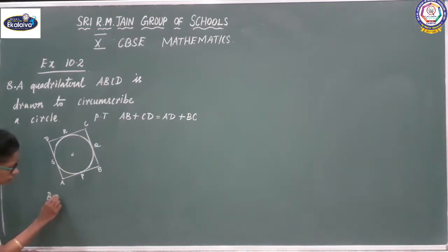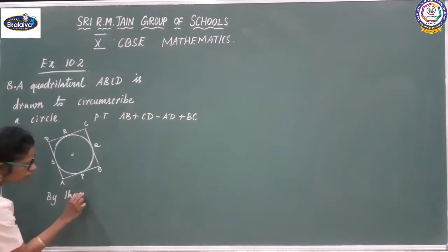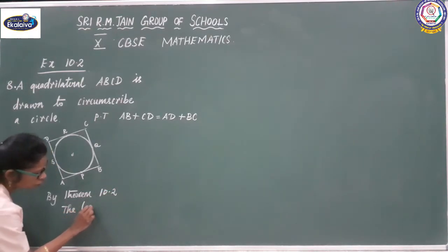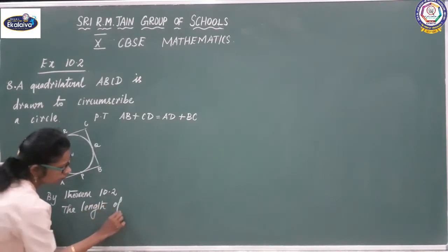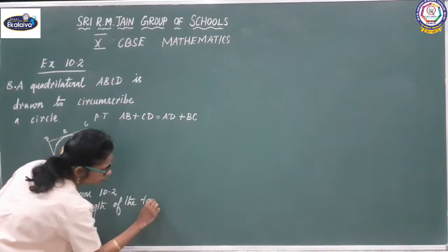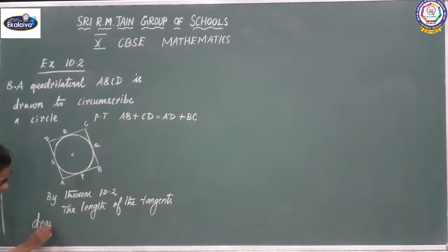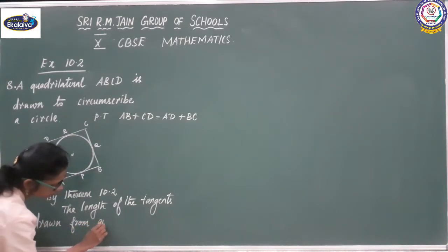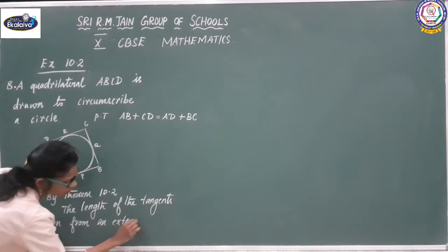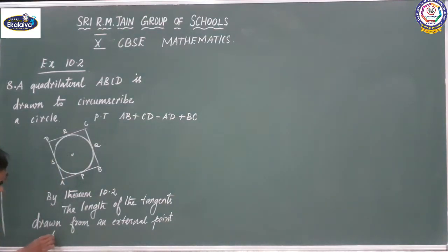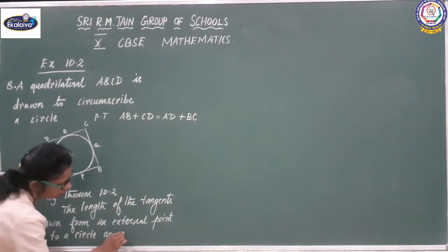So, by theorem 10.2, what it is? The length of the tangents drawn from an external point to a circle are equal.